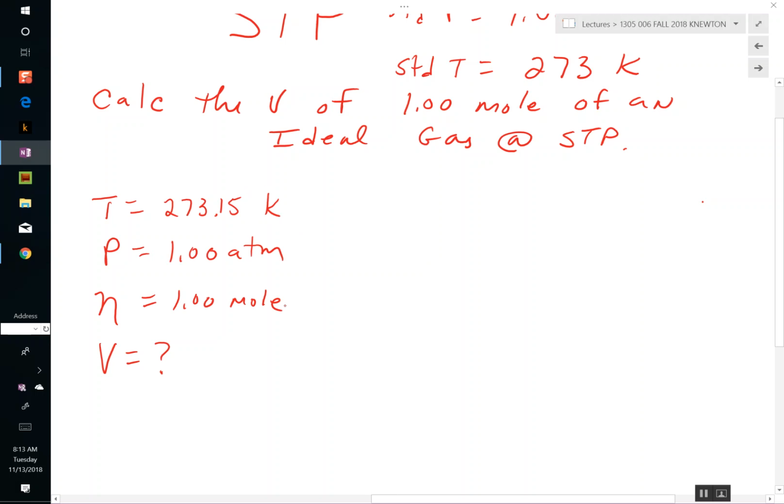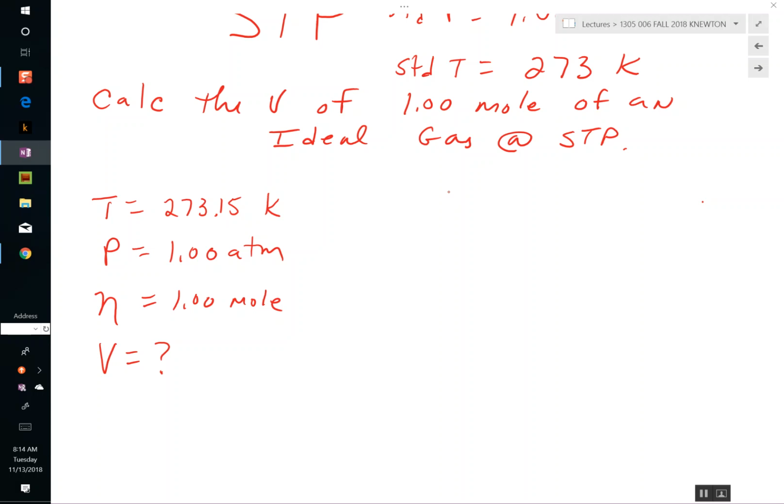And what is the law? What's the ideal gas law? PV equals nRT. I talked about wearing that shirt. It has this on it, but it's a short sleeve shirt, doesn't work today. PV equals nRT.